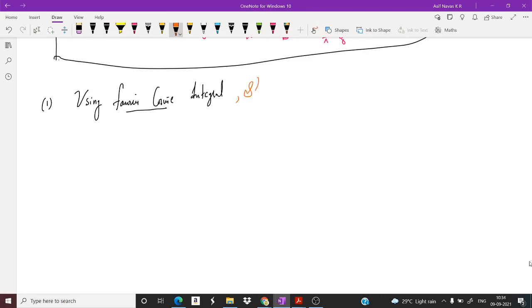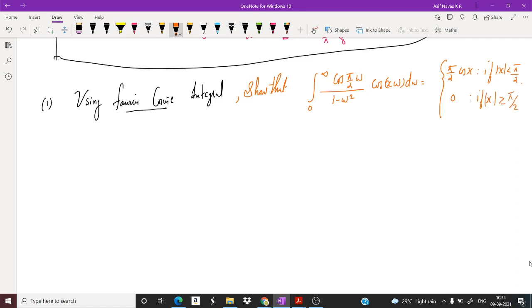Show that integral 0 to infinity cos pi by 2 omega divided by 1 minus omega square cos x omega d omega is equal to pi by 2 cos x if mod x less than pi by 2, 0 if mod x greater than or equal to pi by 2.